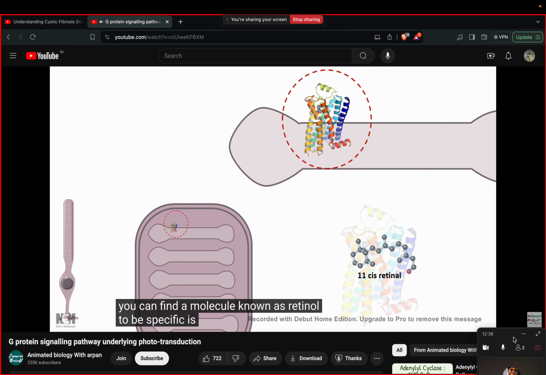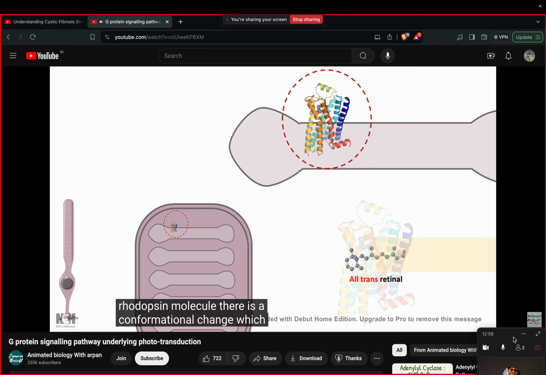To be specific, it is 11-cis retinal. 11-cis retinal is embedded in the deep hydrophobic pocket of this G protein coupled receptor rhodopsin. When light hits this particular rhodopsin molecule, there is a conformational change which leads to conversion of cis retinal to a trans format, a trans retinal.